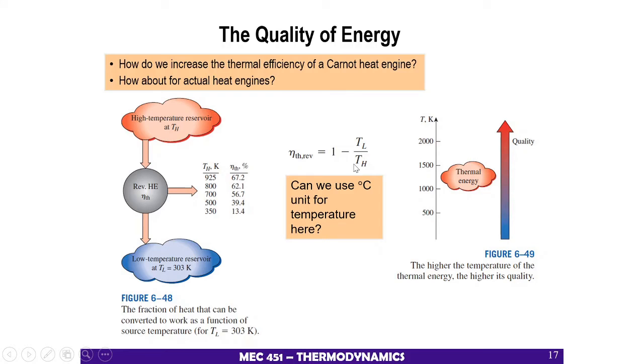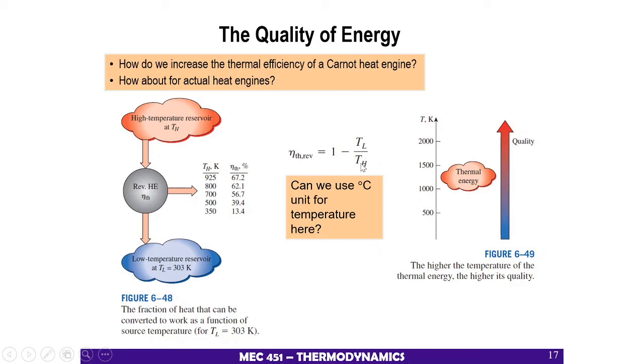If your temperature low is near temperature high, the ratio is 1, and 1 minus 1 is 0, so your efficiency is 0.